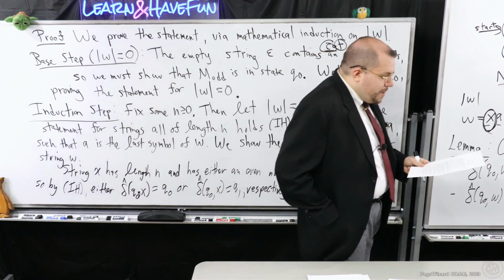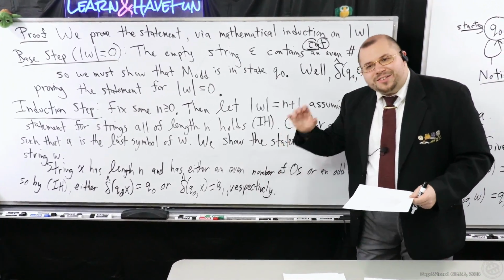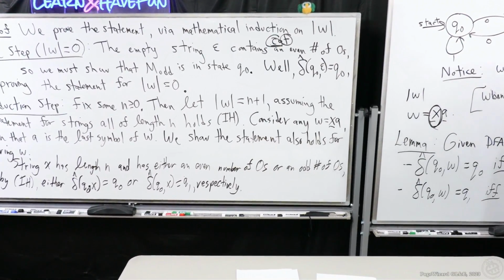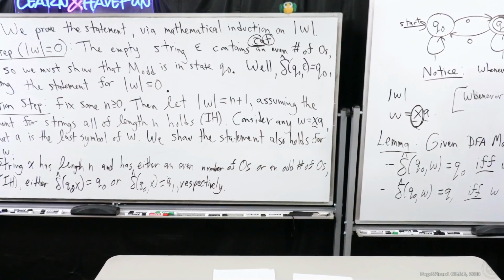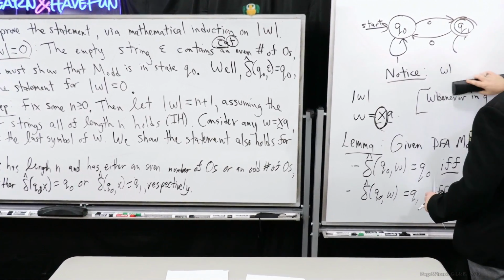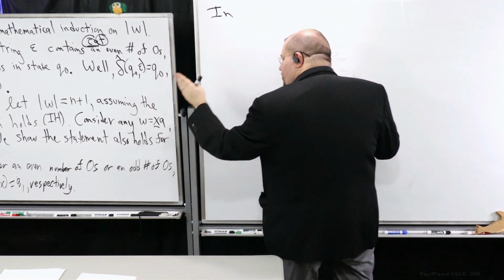So what all we have to do now is as follows. Check this out now. And this is what is really nice and slick about this inductive definition. You can tell my excitement, okay? So we had two different scenarios. Either we end up in Q0 or Q1.